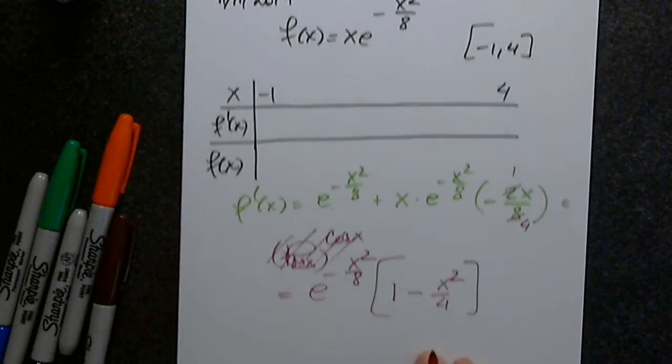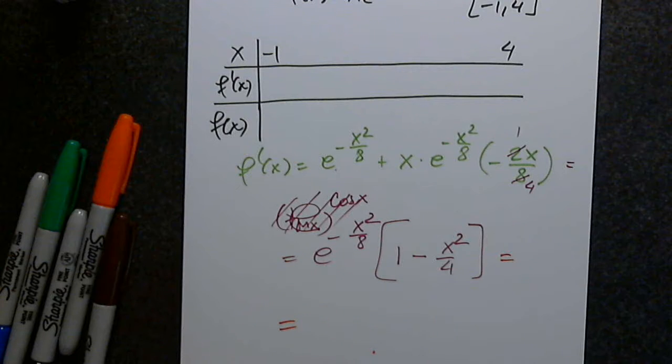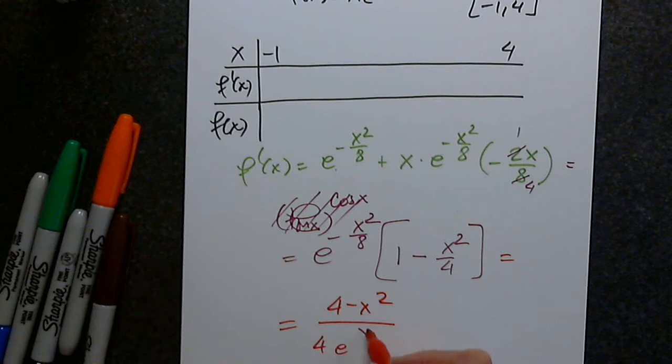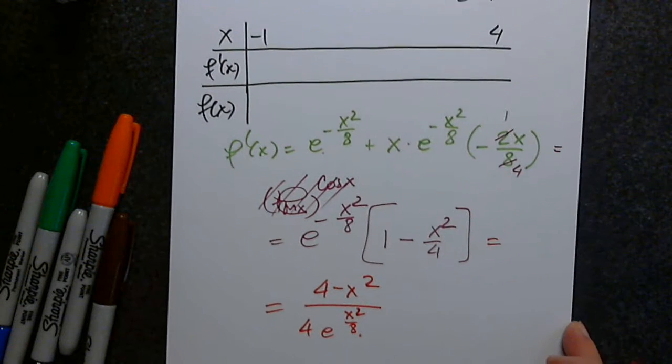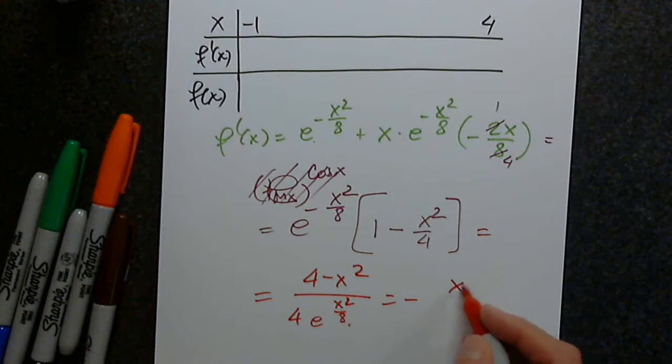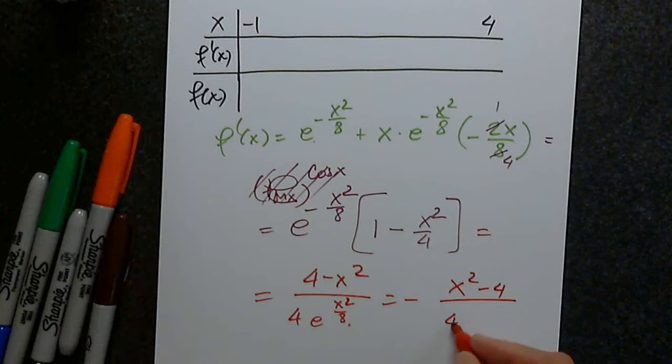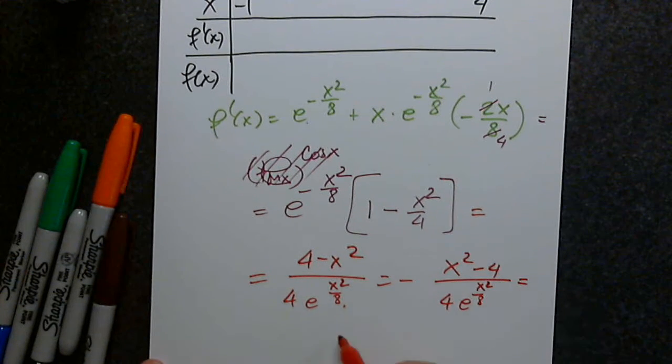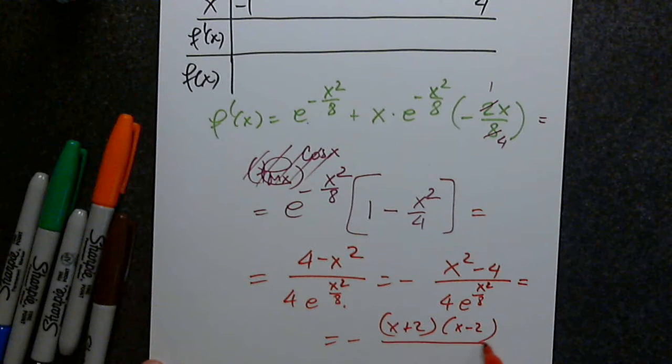Okay. So then I'll have 4 minus x squared divided by 4e to x squared over 8, or negative x squared minus 4 over 4e to x squared over 8, and of course minus x plus 2, x minus 2 over 4e to x squared over 8.